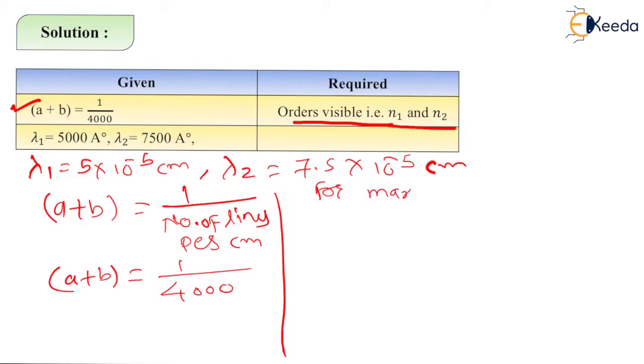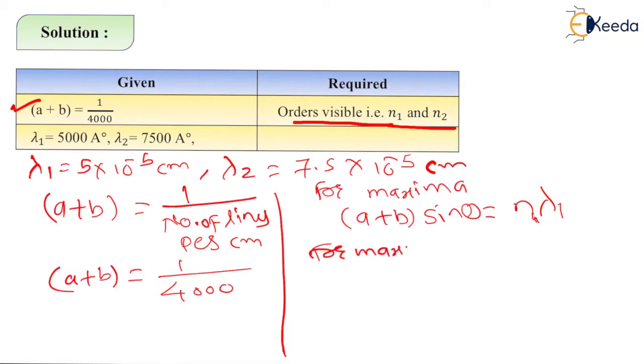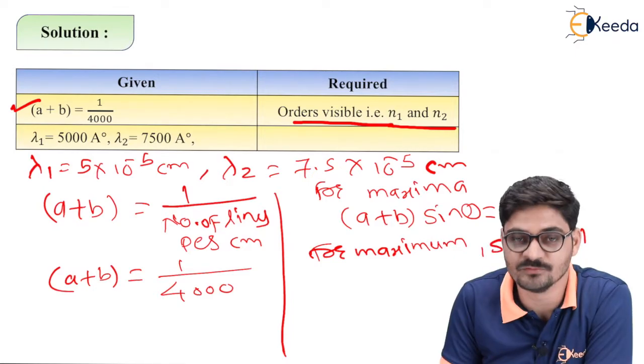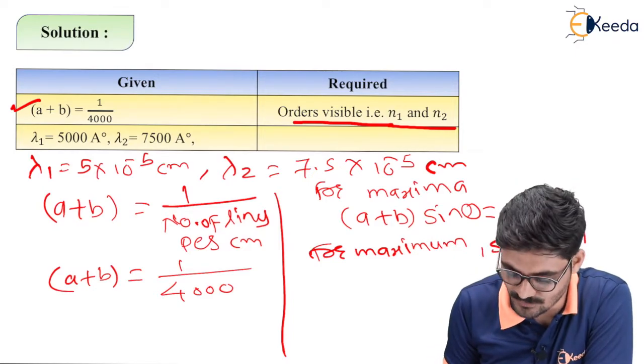Then for maxima, a plus b sin theta is equal to n lambda, right? But here there are two wavelengths and there will be two orders, so take it as n1 lambda 1. And for maximum, sin theta should be 1, because the maximum value of sin theta is 1.